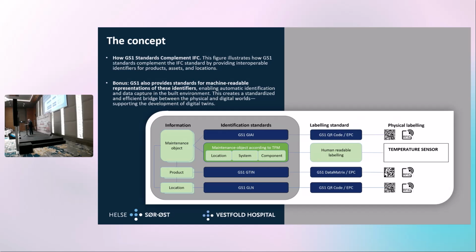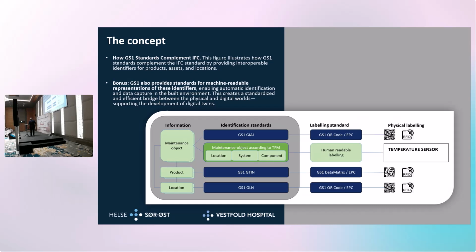The concept, how the GS1 standard complements IFC. This figure illustrates how we can use the GS1 standard. Here you can see the product and location, where you have the GS1 GLN, you have GTIN, you can also have SGTIN here, and you have the maintenance object.